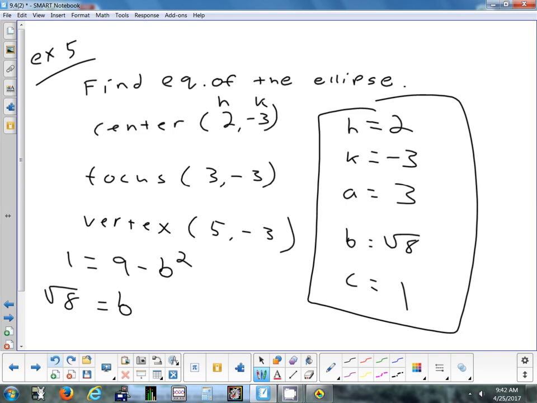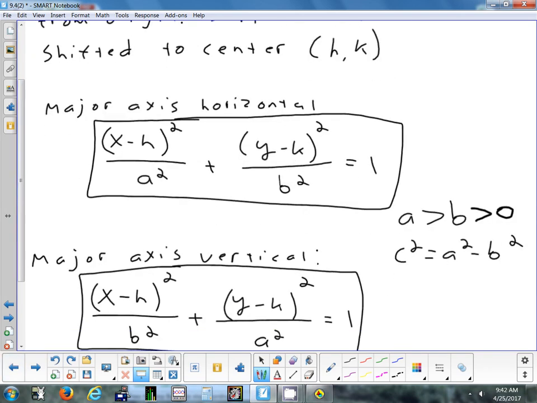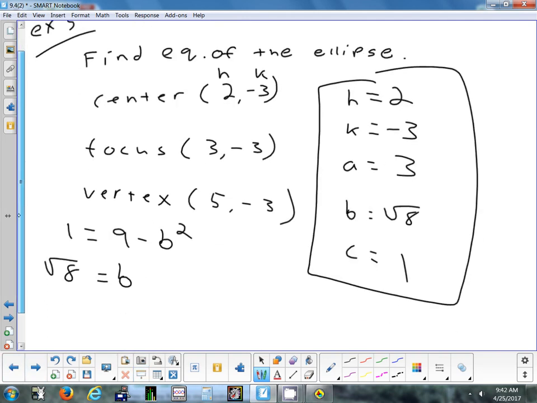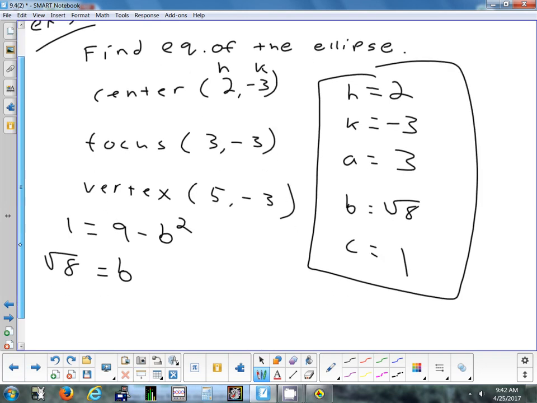What's the last thing I have to figure out? Which way the major axis goes. Should I plug into the horizontal or should I plug into the vertical? What I usually do is just graph your vertices and foci and see how they line up. Or if you can tell just by looking at it, that's good too.